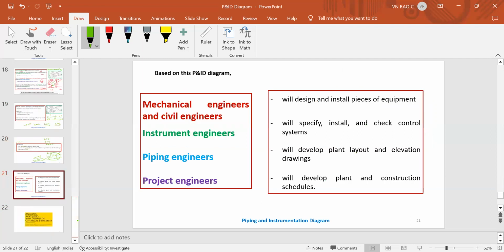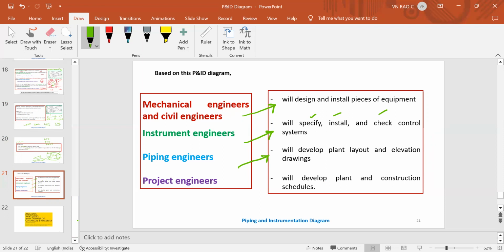Based on this P&ID diagram, mechanical engineers and civil engineers will design and install pieces of equipment. Instrument engineers will specify, install, and check control systems. Piping engineers will develop plant layout and elevation drawings.